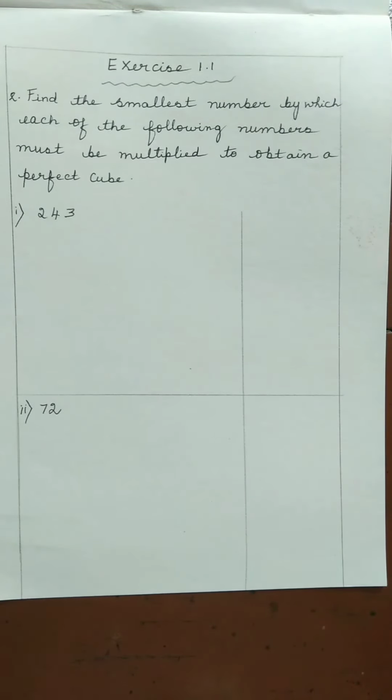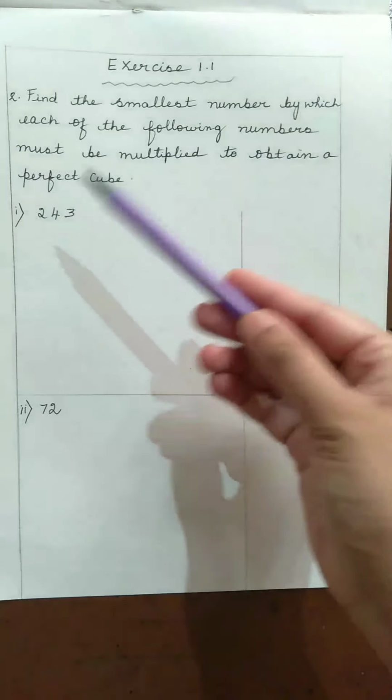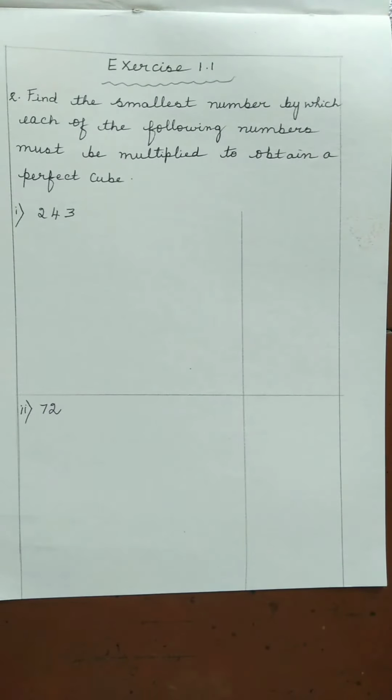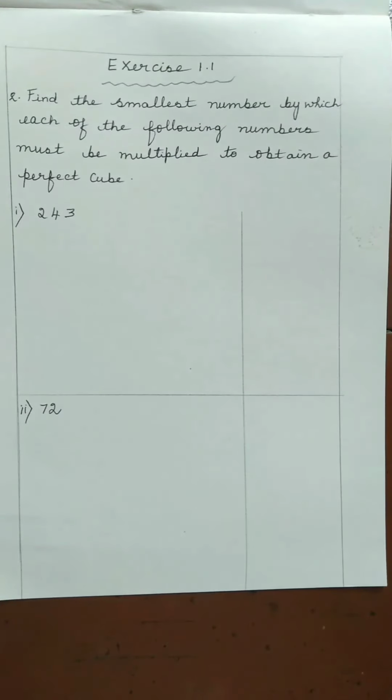Find the smallest number by which each of the following numbers must be multiplied to obtain a perfect cube. So, we have to find the smallest number by which these numbers must be multiplied so that we will obtain a perfect cube.